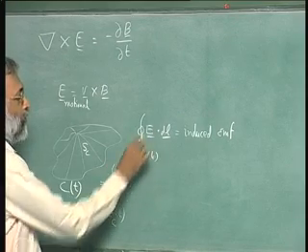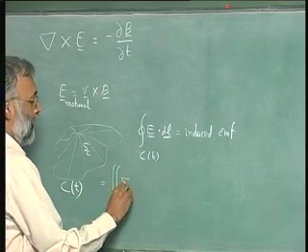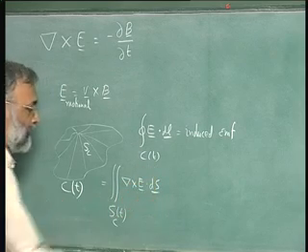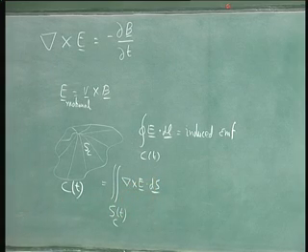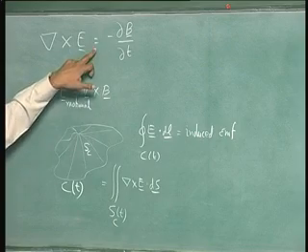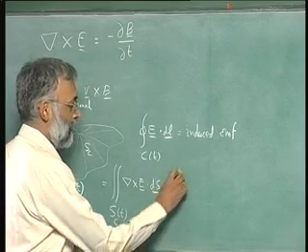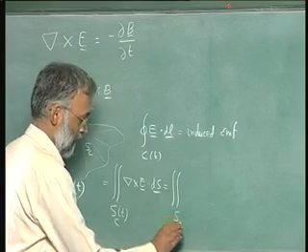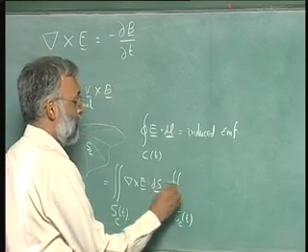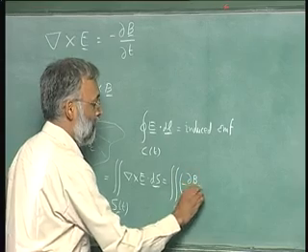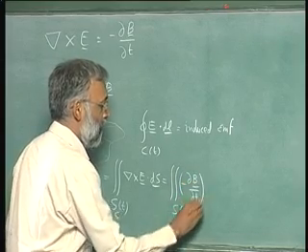And when I go from loop to surface, I put a curl. So curl of E dot ds, that is Stokes' law. But I know an equation for curl of E, so it is equal to the surface integral over that same surface, but minus del B del T dot ds.